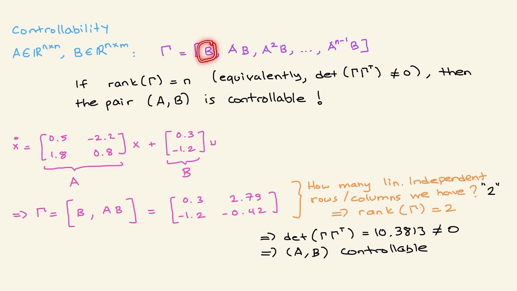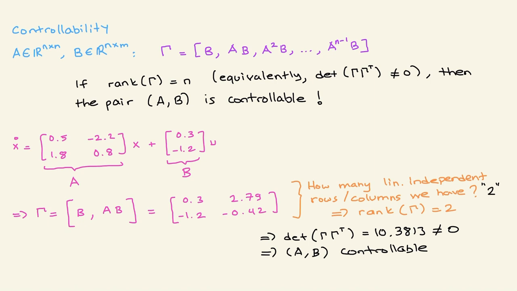The first entry is B, then you put A multiplied by B, A squared multiplied by B, all the way to A to the power n minus 1 multiplied by B. If the rank of this controllability matrix is n, meaning you have n linearly independent rows or columns of this matrix. If you don't want to count linearly independent rows or columns, just compute the determinant of gamma multiplied by gamma transpose. It should not equal 0.